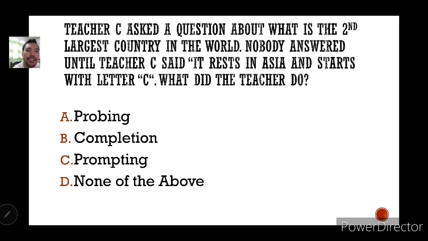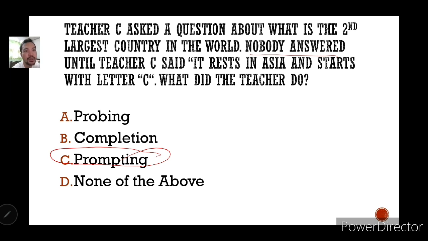Okay, very good. So the answer here is prompting. Why did we answer prompting? It is because Teacher C asked a question about what is the second largest country in the world. Nobody answered. So mean to say, walang nakakaalam sa klase ni Teacher C. Maybe they are confused with the answer, or maybe they know it but they just forgot the word.